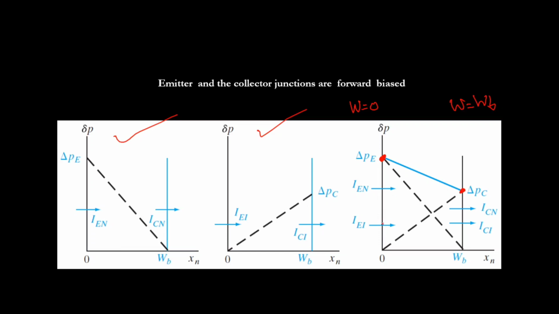When I superimpose these two, the total emitter current IE will be the algebraic sum of these two, that is IEN plus IEI. Then the total current IC is equal to ICN plus ICI.